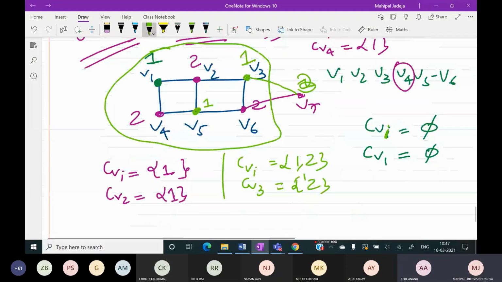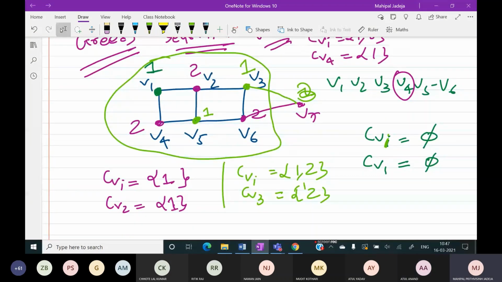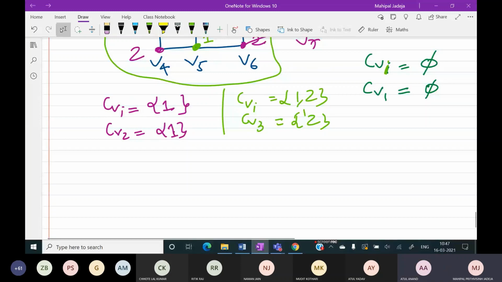Any guesses how many colors we are using here? You can again think with respect to this parameter delta and answer.